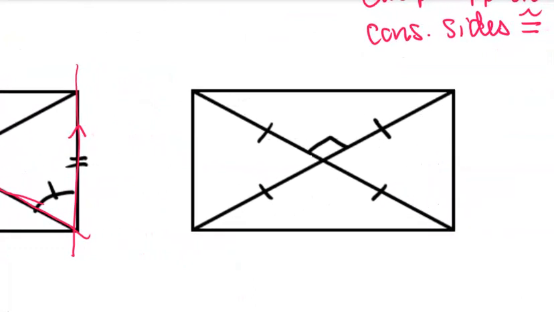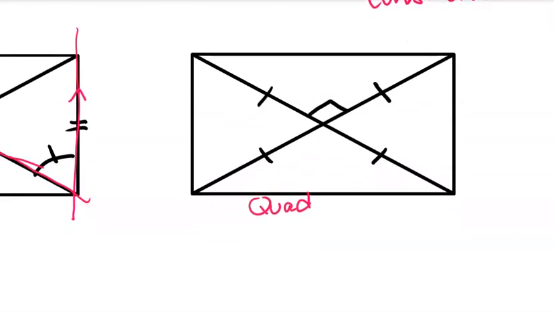Okay, so for this one, I have diagonals in here that are marked. Not only are the pieces of them congruent, but the whole would be. So this is definitely a quadrilateral because it has 4 sides. This is a rectangle for sure. The reason why is because the diagonals are congruent.